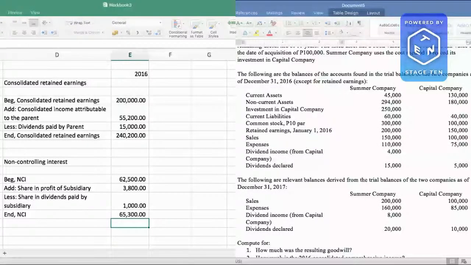Now let's do the amounts to be reported in the 2017 financial statements as well. So start with consolidated profit, class.